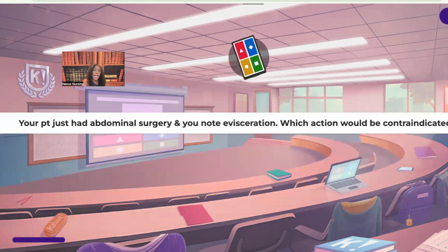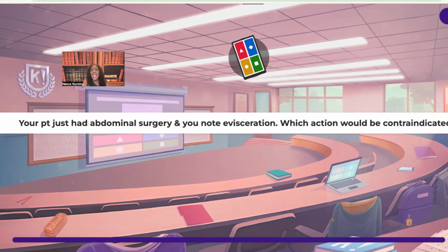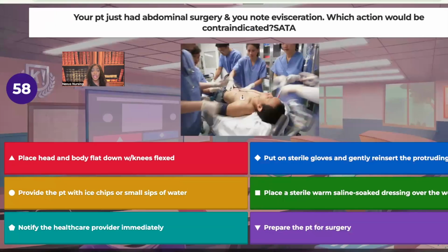Select all that apply. All right, your patient just had abdominal surgery and you note evisceration. Which action would be contraindicated? So what are you not going to do? Here are your options. Place the head and body flat down with the knees flexed. Put on sterile gloves and gently reinsert the protruding bowel.